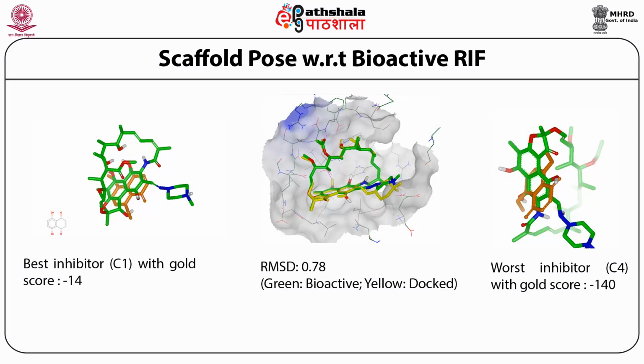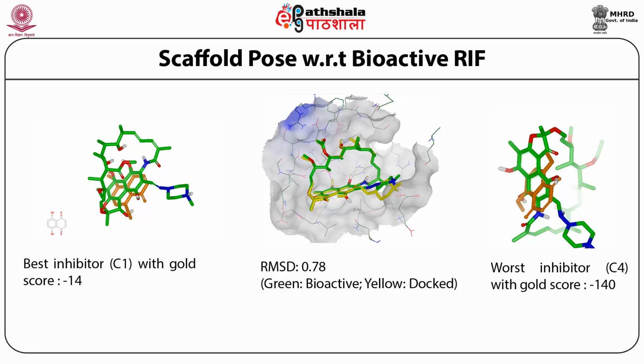How we have posed with respect to bioactive RIF. RIF was always used as a standard for our activity or putting it in pose, recovering the pose, and we got the best inhibitor, which is C1, with a very good gold score of -140. The higher the score, the worse the value.